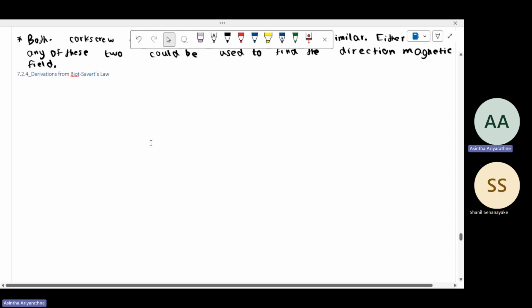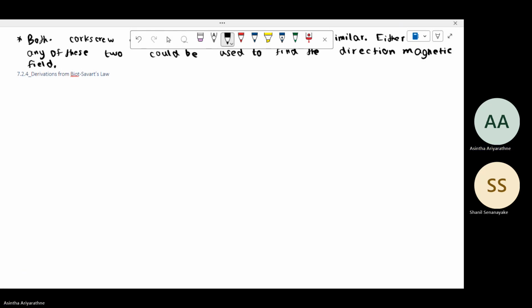Right. Next, the next one is the important one. Some derivations from the Biot-Savart law.